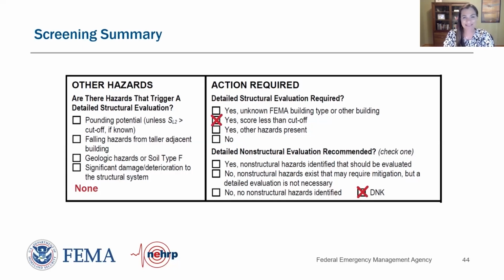It can be tempting to just use Google, but being on the ground, actually walking around the building, we're going to see a lot more stuff. Yes, very much so. And the P-154 procedure really wasn't designed to be a Google Earth review only.